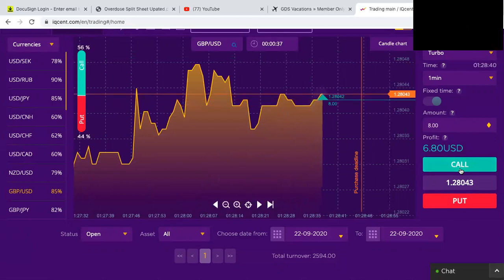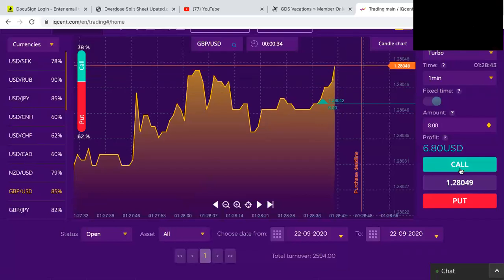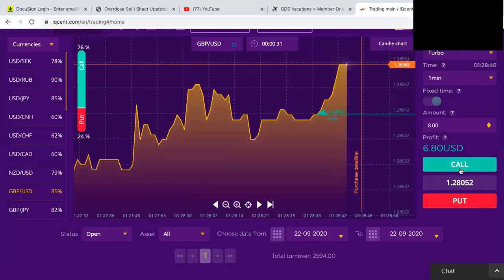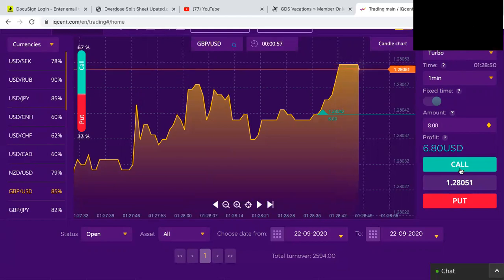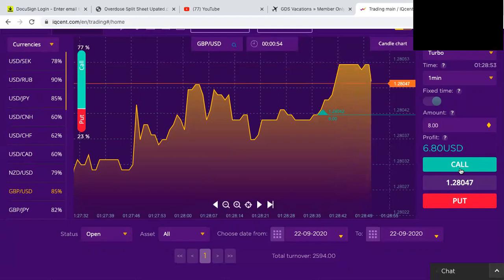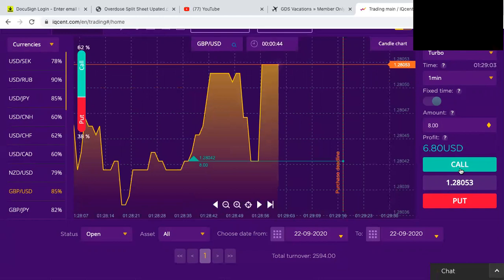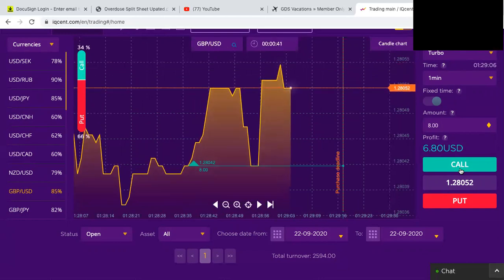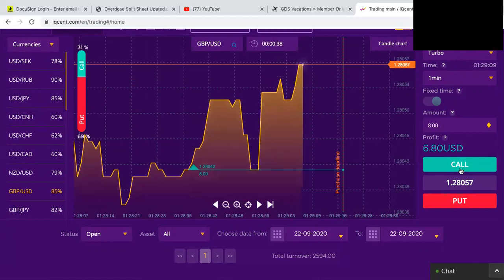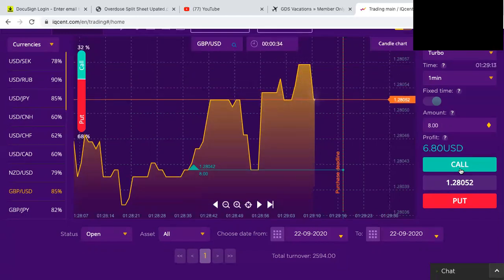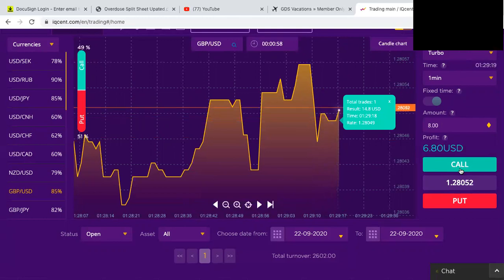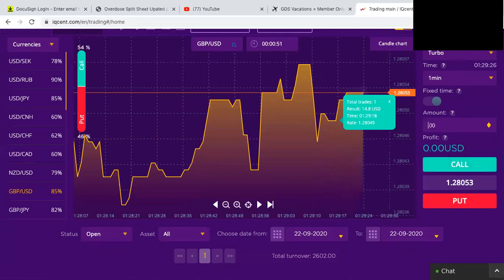I'm going to take an $8 call. That trade was won, and because I'm running a sequence of 1, 4, 8, my next trade will be $1.